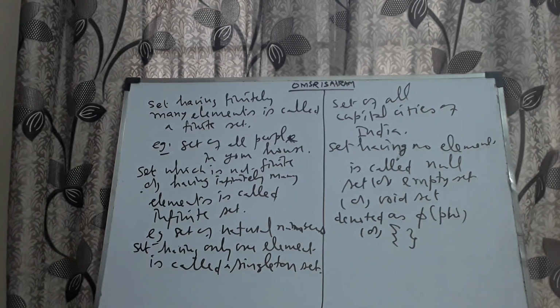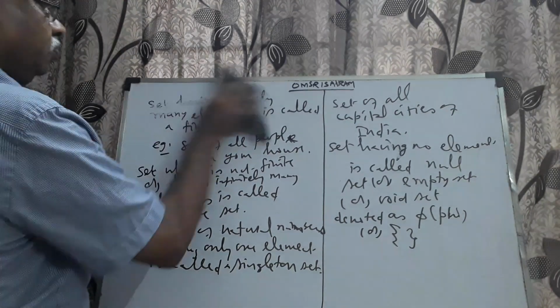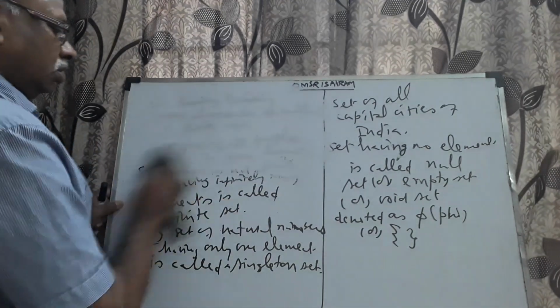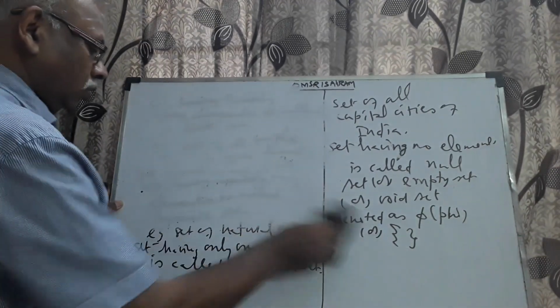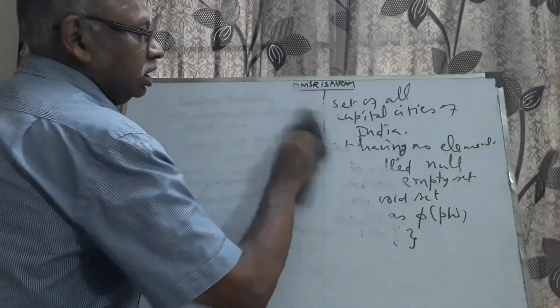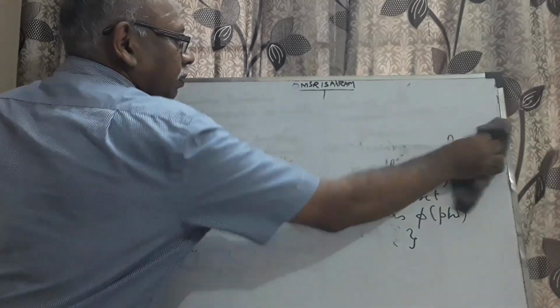Instead of simply saying 7, we can say even greater than 6. Okay, these are all definitions and examples.